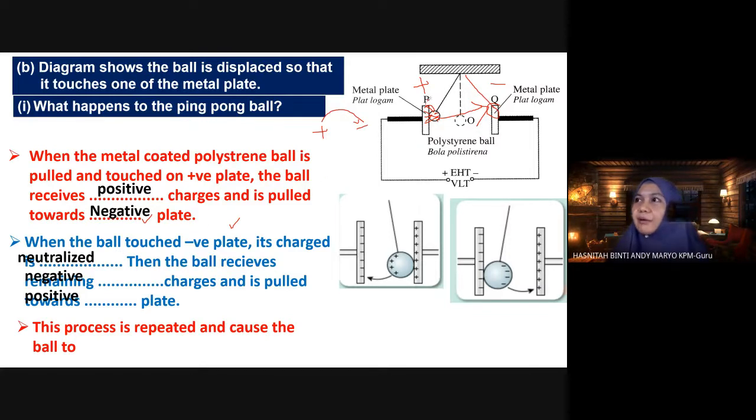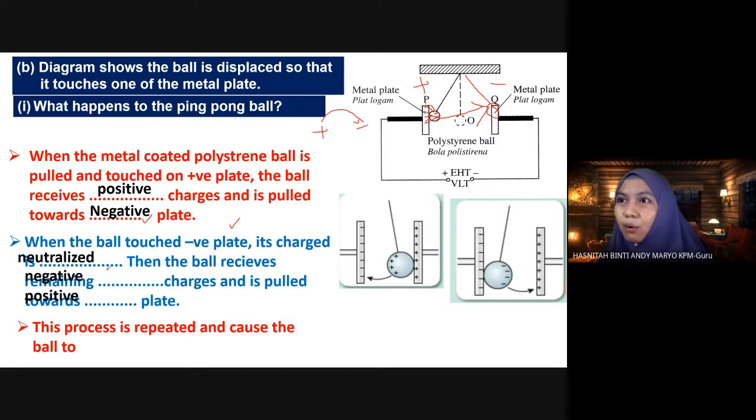Now it has reached the negative terminal. The ball from P is all positive, right? So what happens? At metal plate Q, its charge is neutralized.